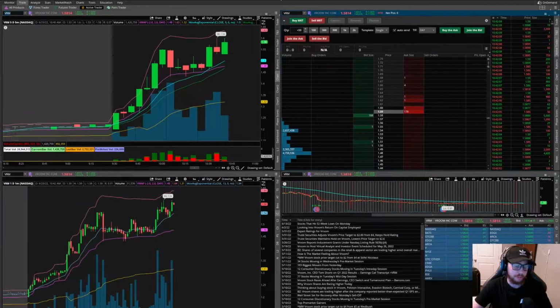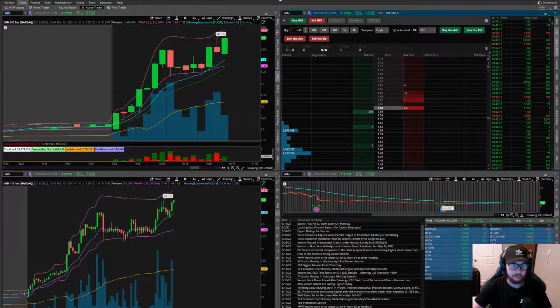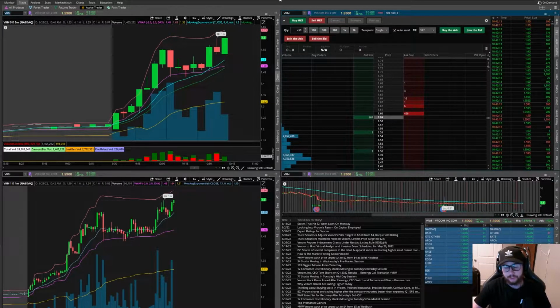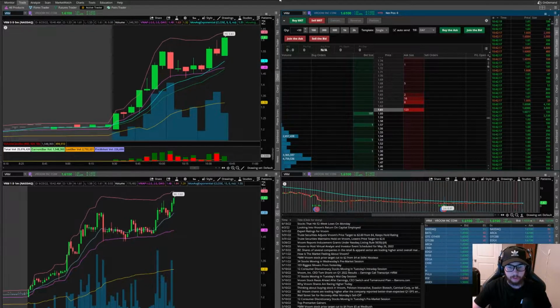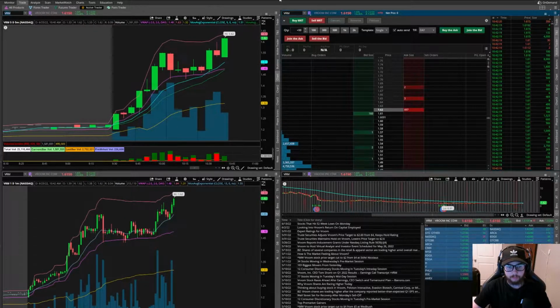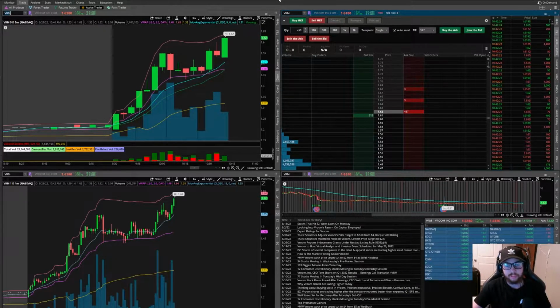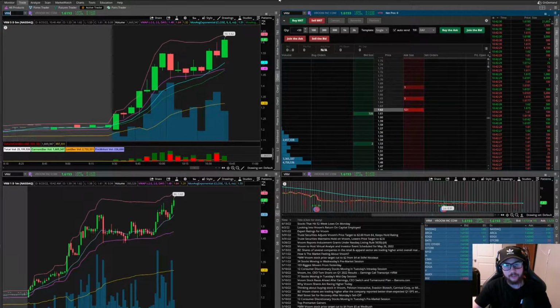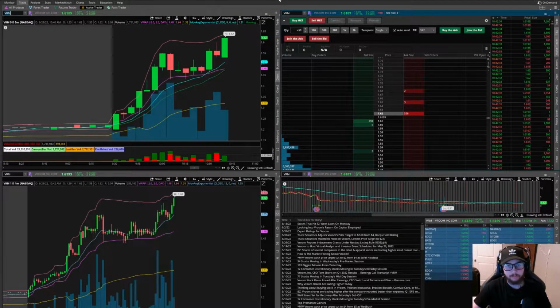I'll also throw in, which we've talked about a little bit, but this also goes into risk management, is winning ratios. Winning ratios are going to help you be successful overall. It's going to help you get more consistent, and it's going to help you grow your account, because as long as you practice winning ratios, your winners 9 times out of 10 should always be bigger than your losers.